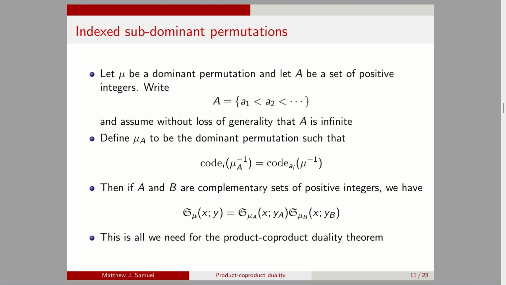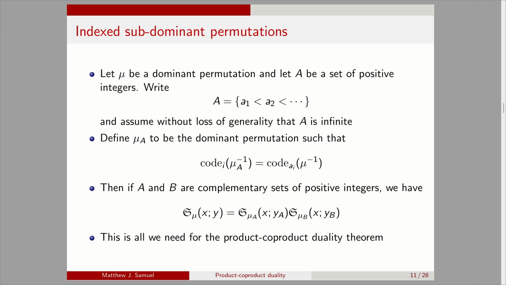Now we're going to define subdominant permutations. We're going to let mu be a dominant permutation and let A be a set of positive integers. Then we will index A in increasing order, and just for a technicality, we'll assume without loss of generality that A is infinite. And then we define mu sub A, a dominant permutation related to mu, by saying that the ith index of the code of mu_A inverse is equal to the ith index of the code of mu inverse.